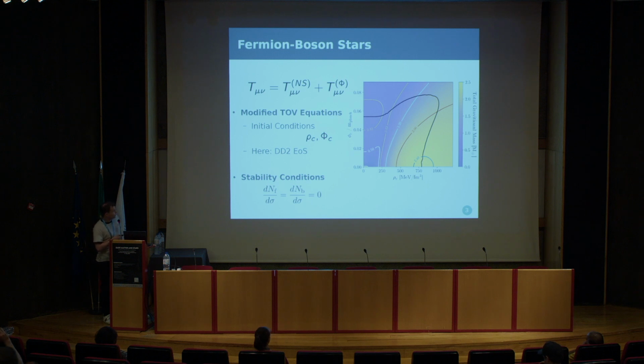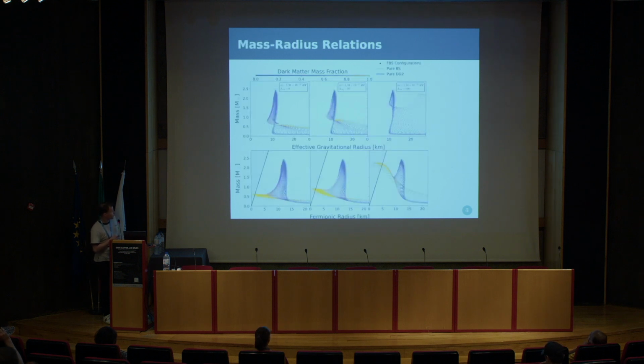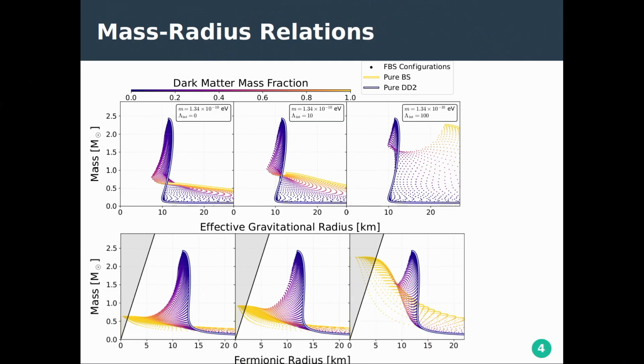And if we plot this in a mass-radius relation, you've probably seen these plots a couple of times, but we just used a different color scheme because I think this looks nicer. So you have the pure DD2 here, and here we plot the effective gravitational radius, which is where 99% of the rest mass of both fields combined is contained.